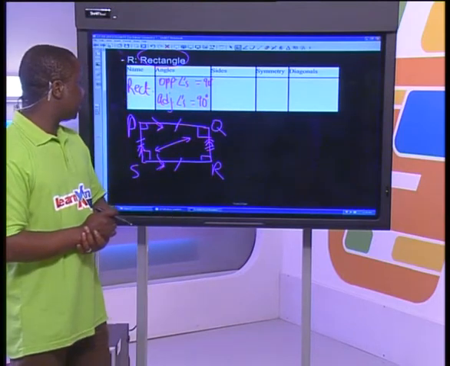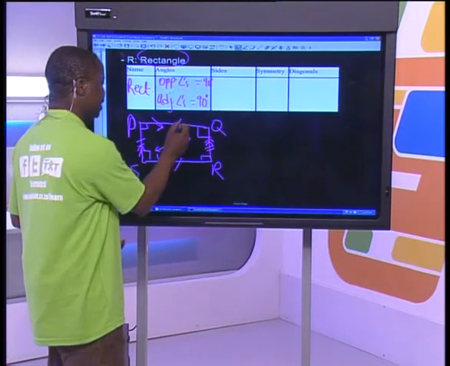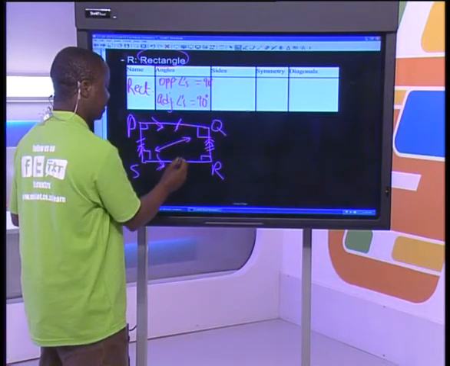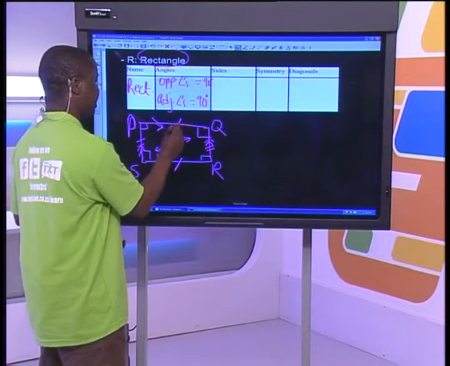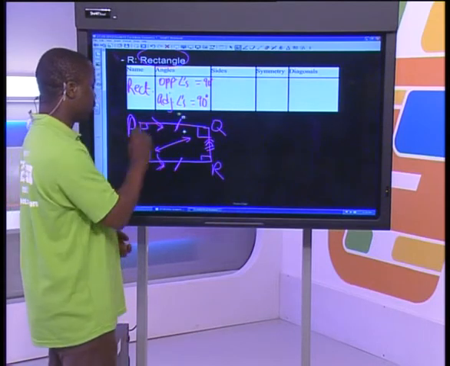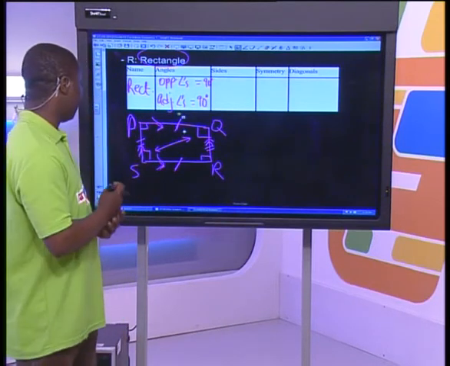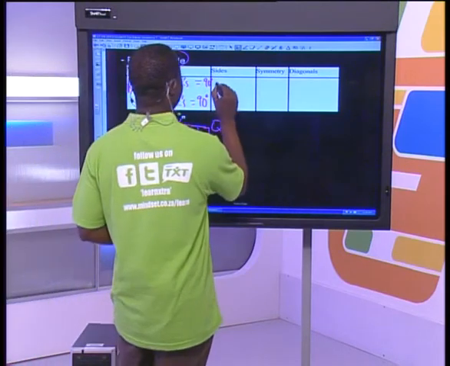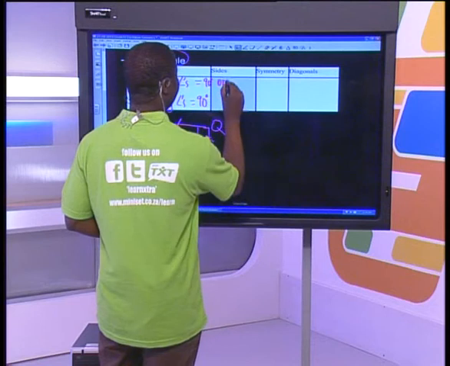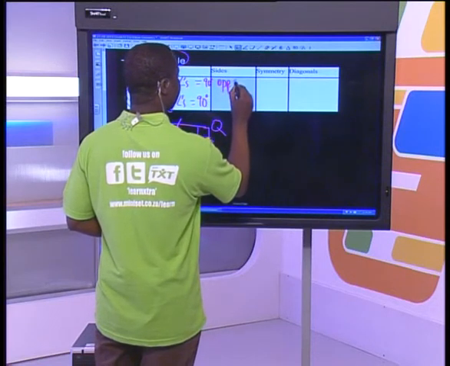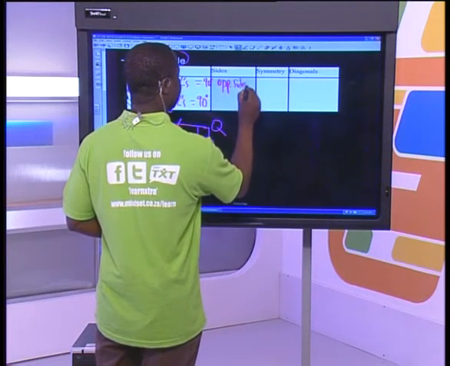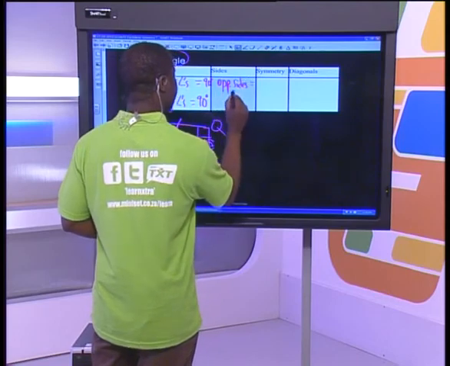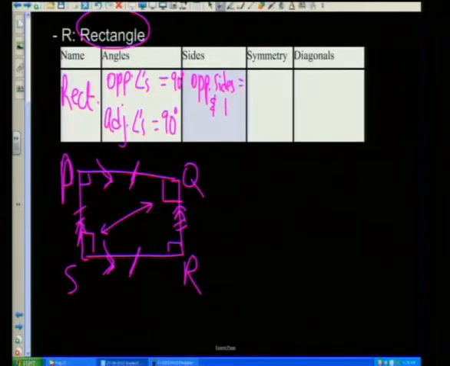So what about the sides? The sides, as I've marked it here, that side equals that side, but this side is not equal, so PQ is not equal to PS. So the opposite sides are equal and parallel. I would like to use that abbreviation there for parallel.